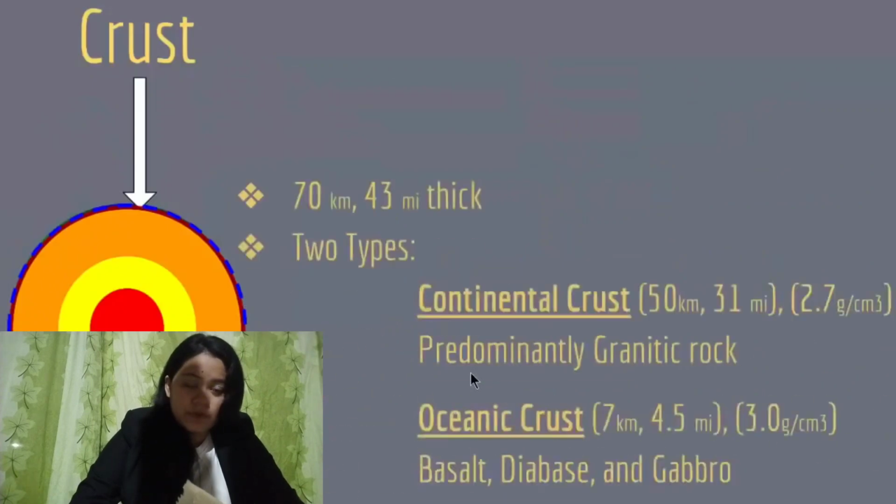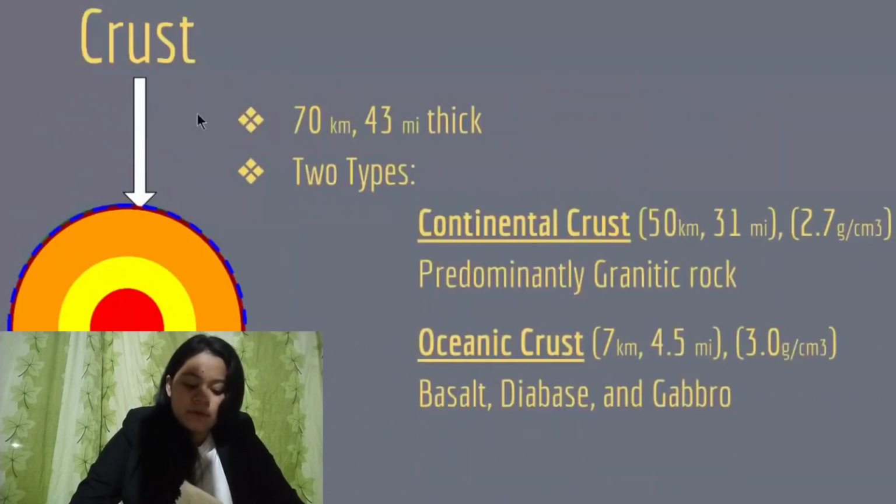There are two different types of crust. The thin oceanic crust is composed primarily of basalt, and the thicker continental crust is composed primarily of granite. The low density of the thick continental crust allows it to float.